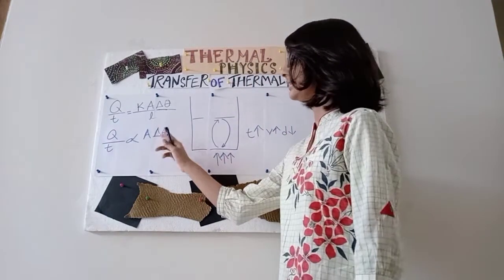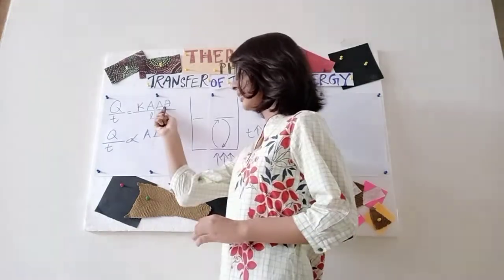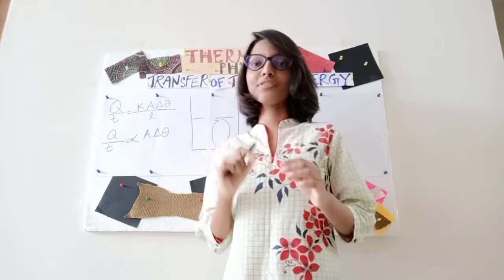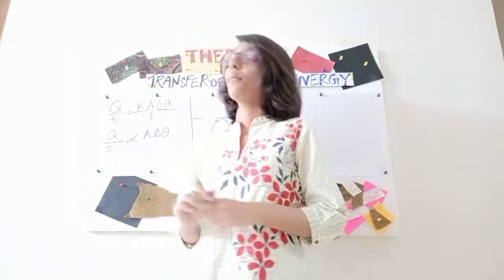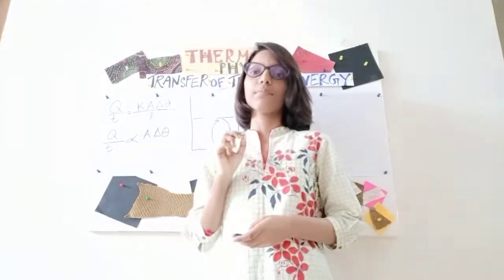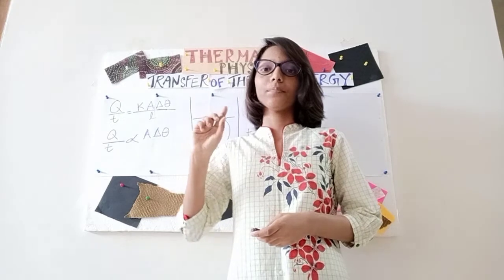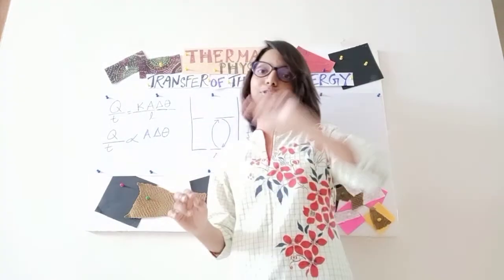But this del theta is different from the del theta in conduction. In conduction, del theta was the difference in temperature between the two ends of a solid. But in convection, del theta is the difference between the temperature of the body and the temperature of the surrounding.